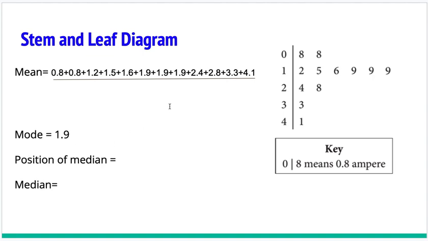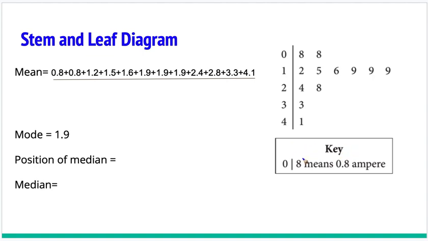Now we take a look at the mode, mean, and median for a stem and leaf. For a stem and leaf, we have to add every number. There are altogether 12 numbers, as shown by the number of leaves. So when we read a stem and leaf, we always read the stem first.